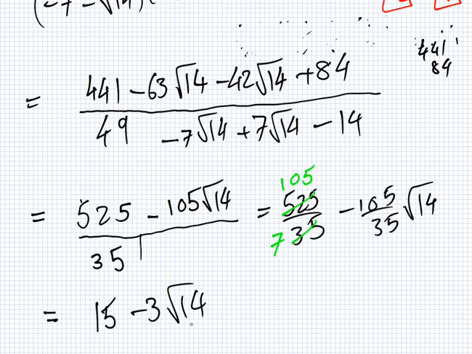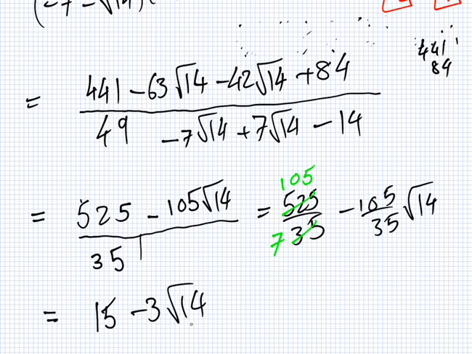Okay, and then down below is 49 plus 7 root 14. No, hang on, sorry, I'm doing it wrong. Minus 7 root 14 plus 7 root 14 minus 14.